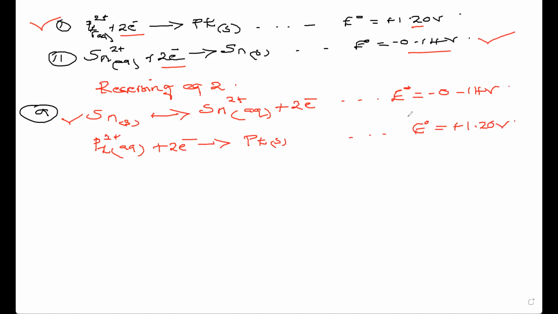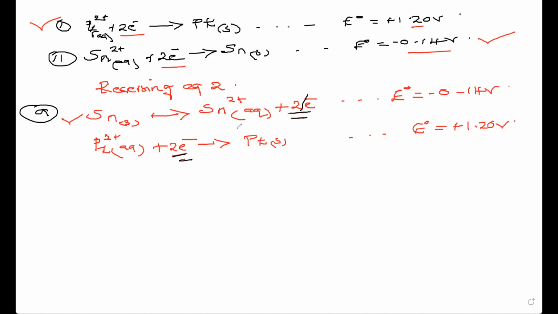Now, to write the balanced equation, you have to go back to the way we balance redox reactions. In this case, we have 2 electrons in the oxidation reaction and 2 electrons in the other one, which means the electrons are balanced.